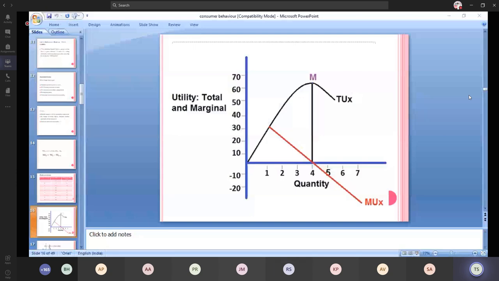Yeah, okay. So the second part of the cardinal utility analysis is the law of equimarginal utility. This equimarginal utility also speaks about the marginal utility, the level of satisfaction which a consumer receives. And the equimarginal utility theory, in the name itself, says something about equality in the marginal utility.